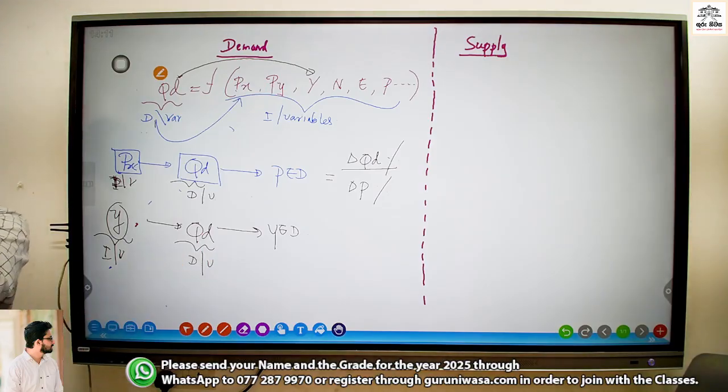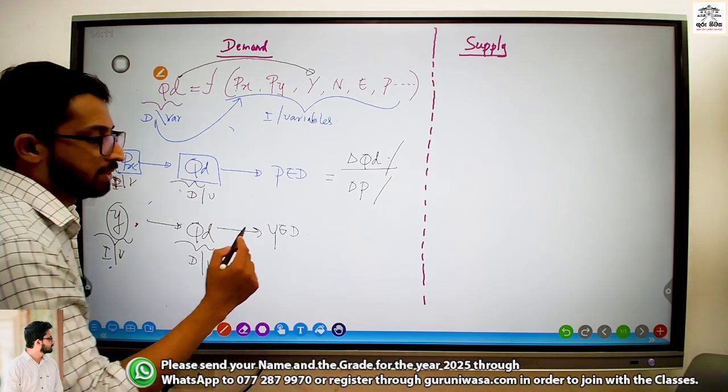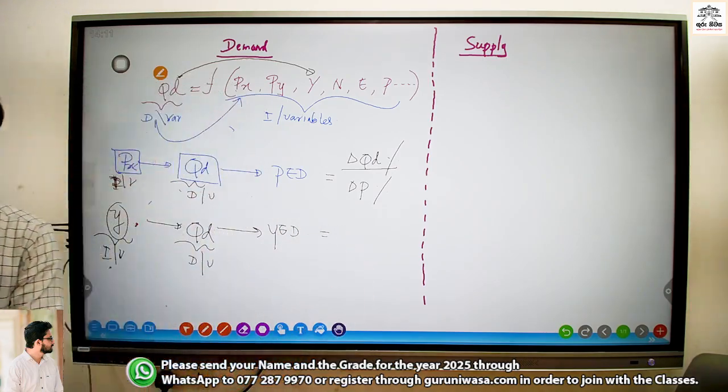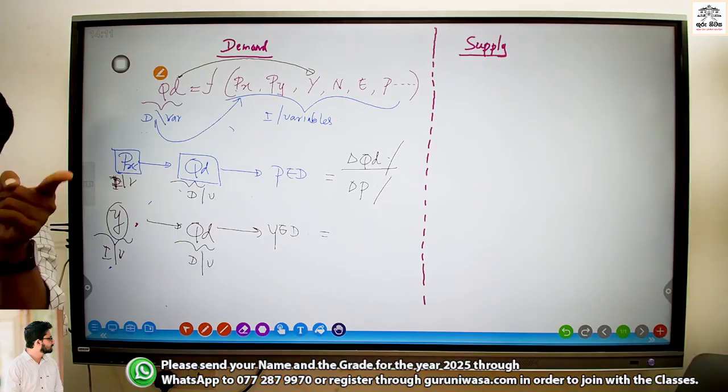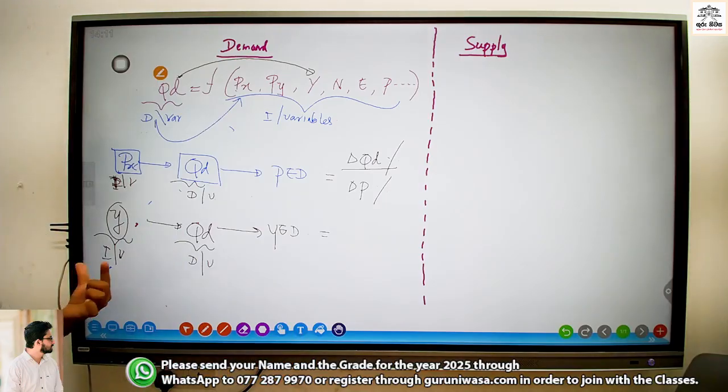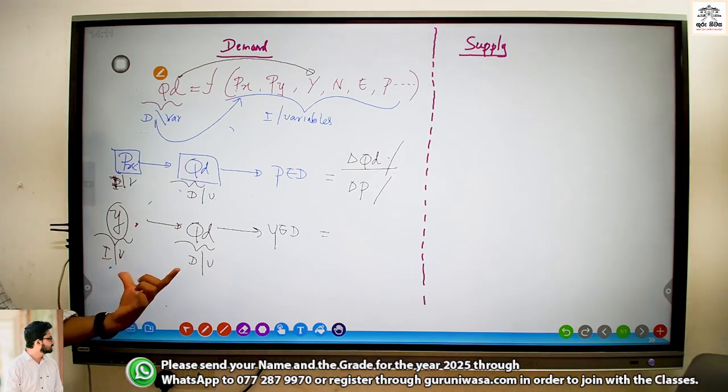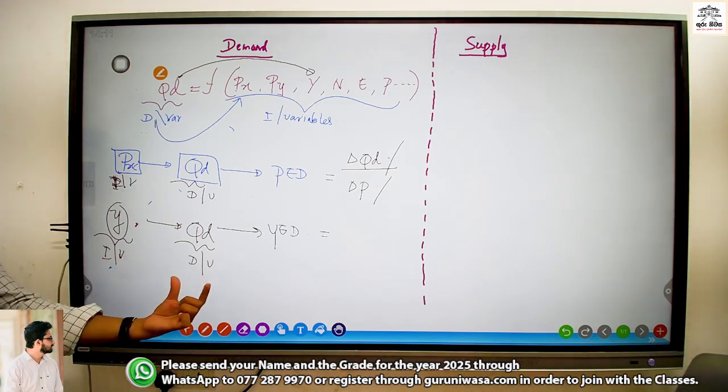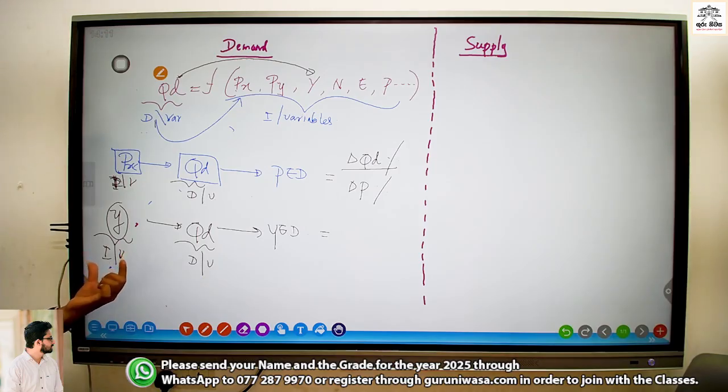Now I want you to make an equation for income elasticity. What is the basic equation? Percentage change in dependent variable divided by percentage change in independent variable. What is the dependent variable? Quantity demand. Independent variable, buyer's income.